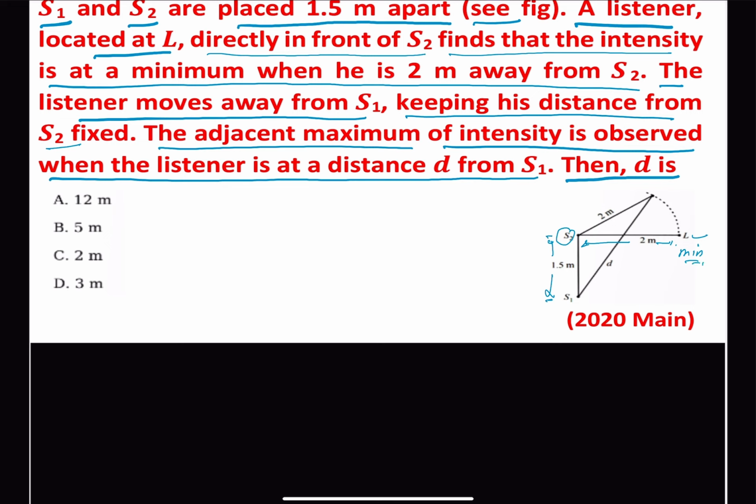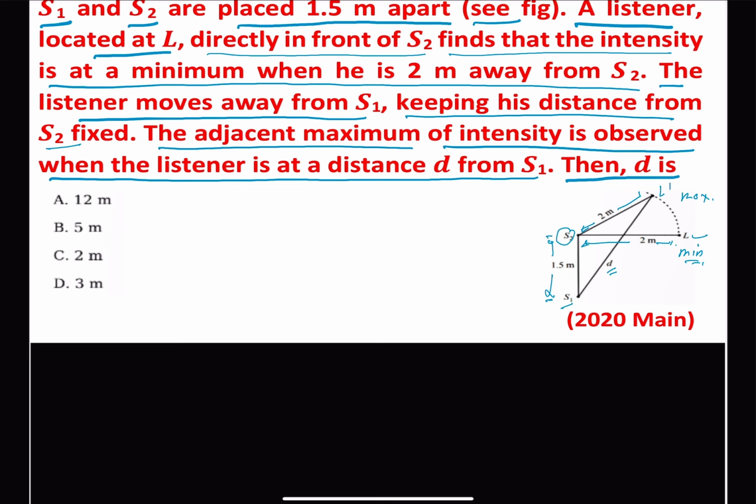Now it moves from L to L prime such that the distance from S2 remains the same. And at L prime, it says it has a maxima. And the distance between S1 and this L prime is given as D, which we are supposed to find out.